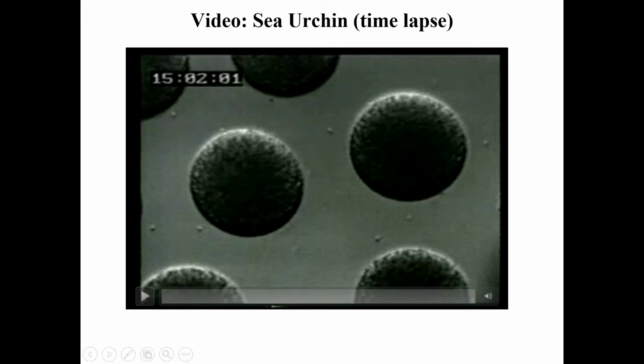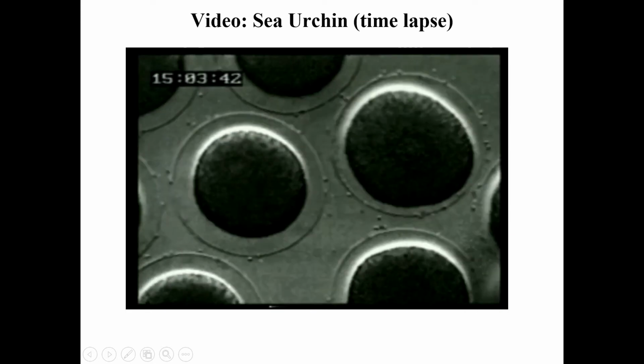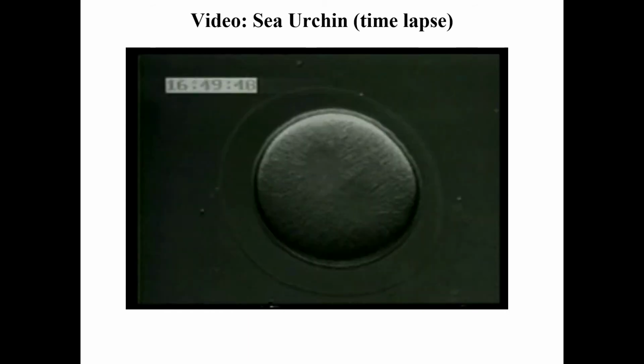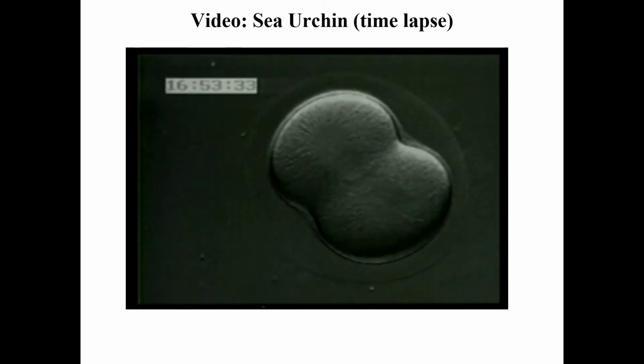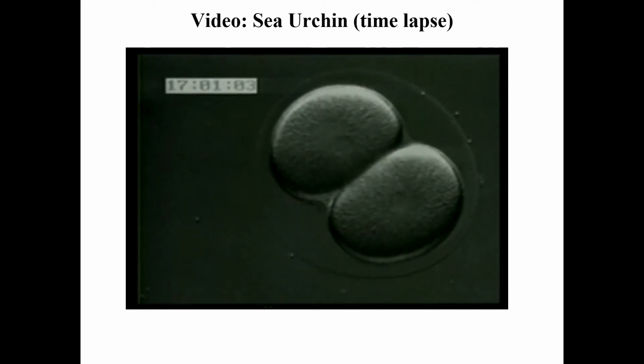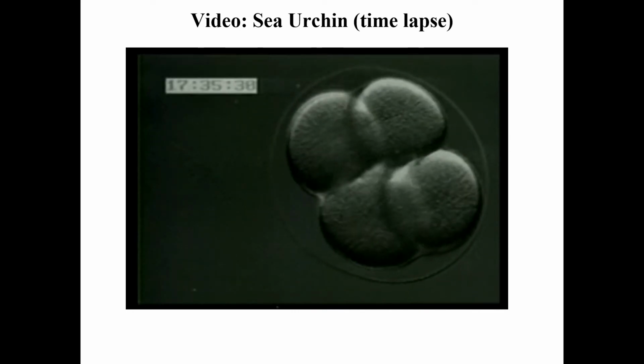Here we're looking at the process of mitosis in a sea urchin. Right now you're looking at a sea urchin embryo, and you're going to be looking at different stages of development following fertilization. You have one cell division, two cell divisions.